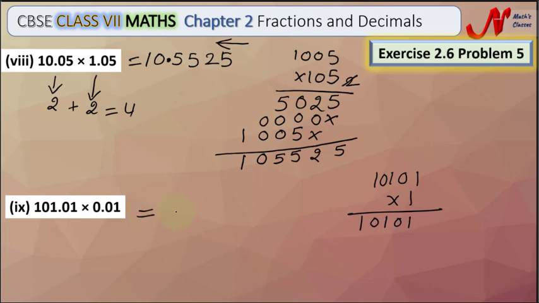So we get the product 10101. So in 101.01 we have 2 digits after the decimal point. In 0.01 we have 2 digits after the decimal point. So altogether we have 4 digits after the decimal point. In the product, from right to left, we keep the decimal point after 4 digits. So here we get 1.0101.